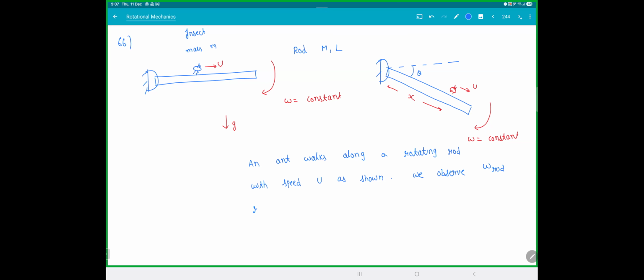Not only think about that, if you leave a rod like that, there will be an angular acceleration and the rod should accelerate. Find the speed of that ant in terms of x and theta, where x is the distance from the hinge and theta is the angle rotated by the body.